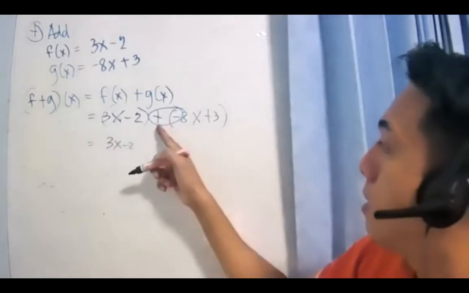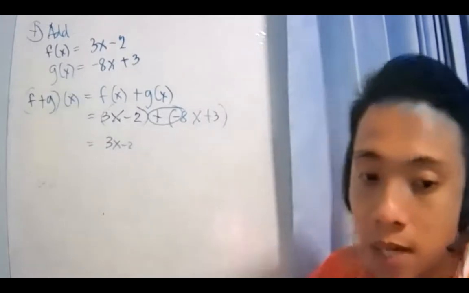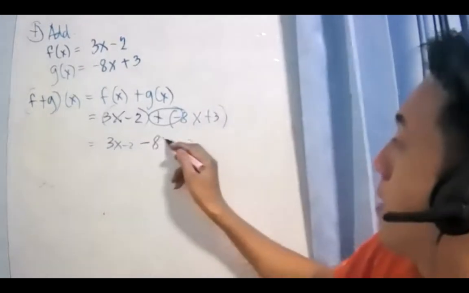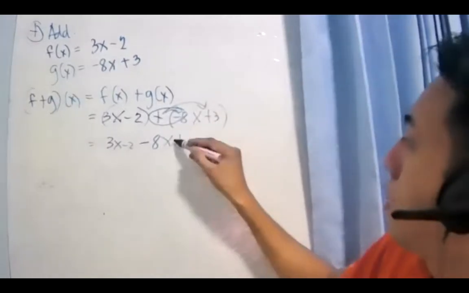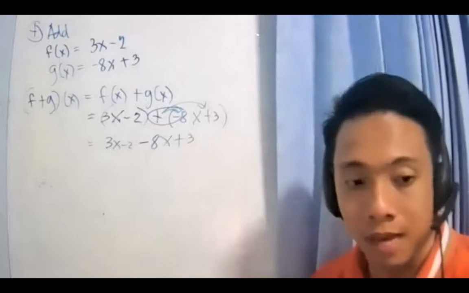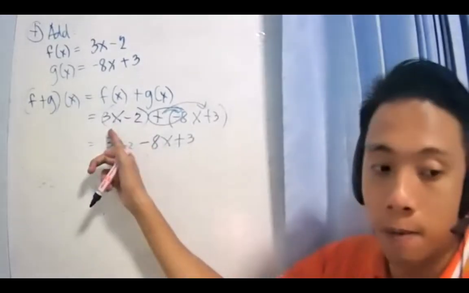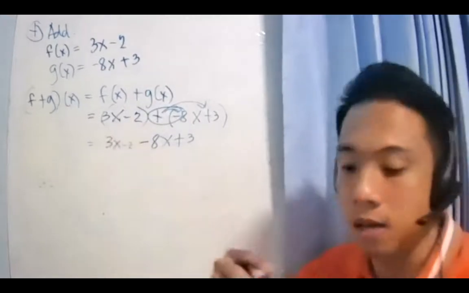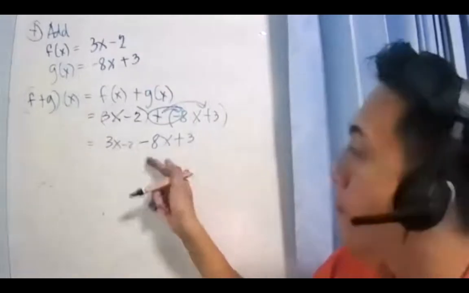What is positive times negative? Positive times negative, that is negative 8x. Positive times positive is still positive 3. Okay? Para wala tayong maging problema dito. Kasi mamaya medyo gulo tayo dyan mamaya. Okay?